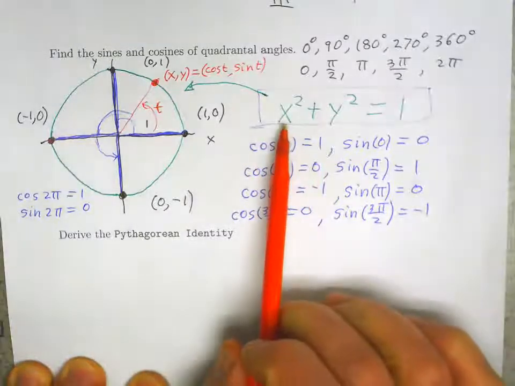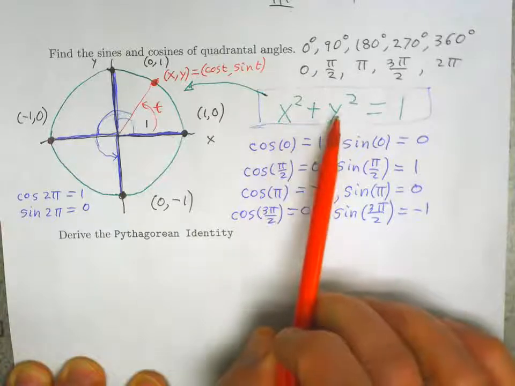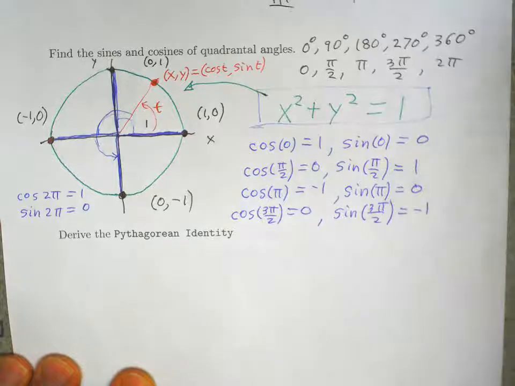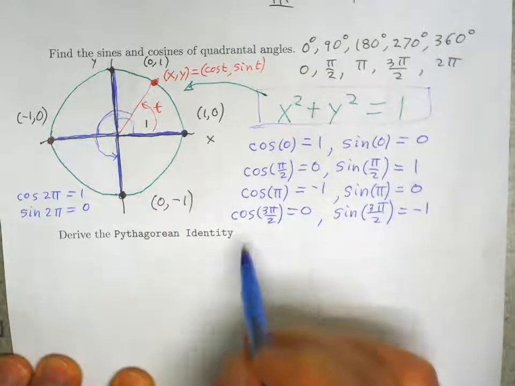If we replace x with cosine of t and replace y with sine of t, we get the Pythagorean identity.